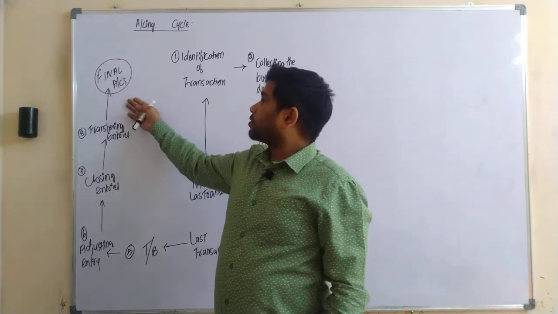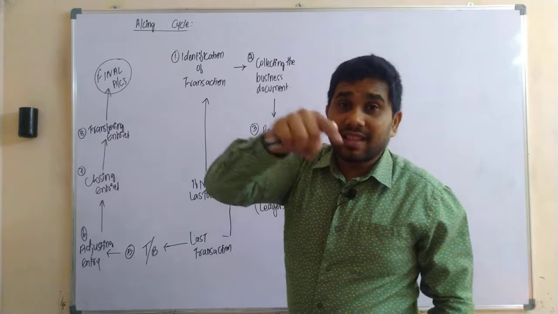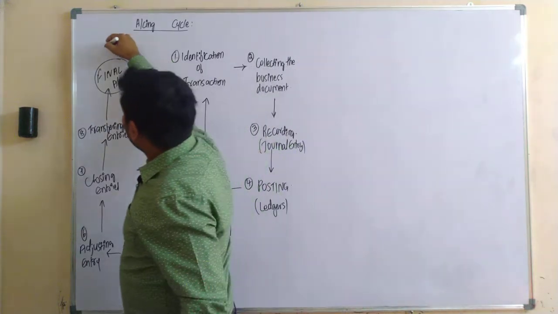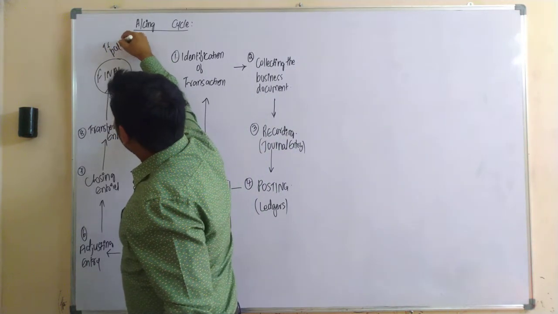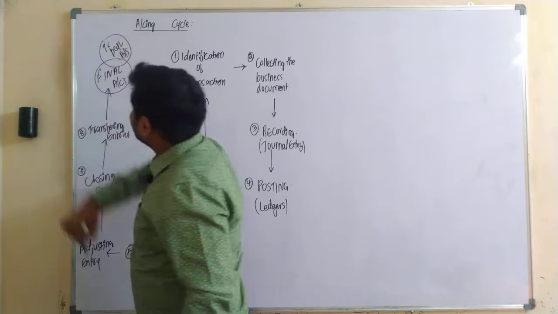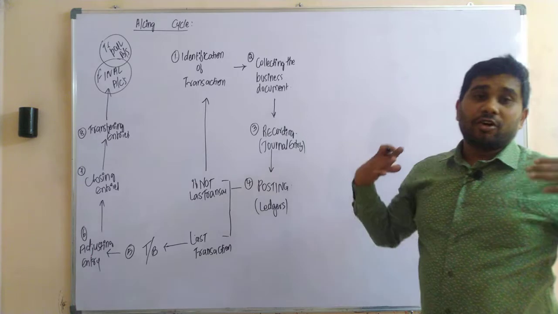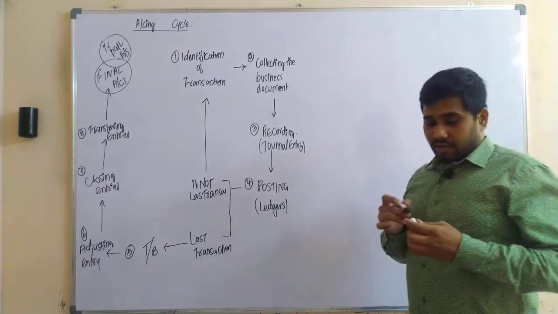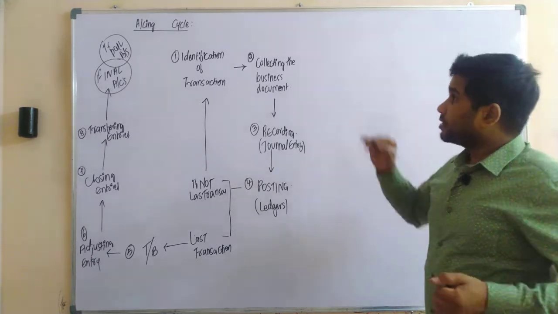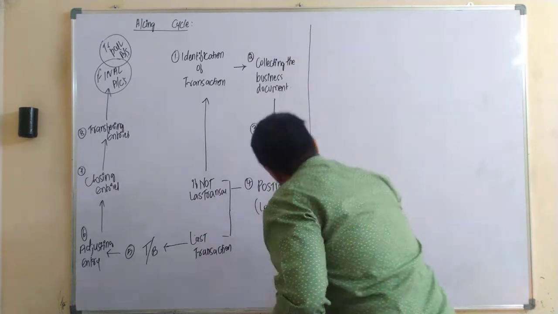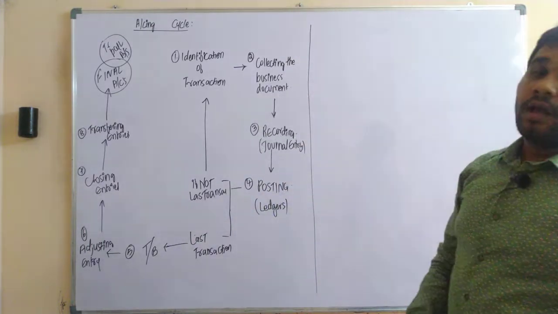And after that, you are supposed to prepare your final accounts. That is nothing but your preparation of trading, P&L and balance sheet. So these are your upcoming chapters where we are going to discuss it in detail. So this is your accounting cycle. Let's continue.